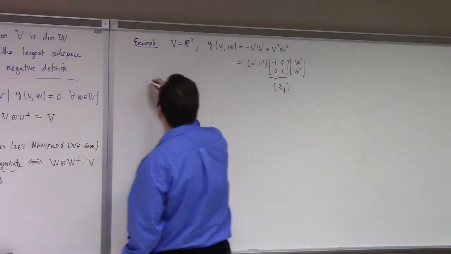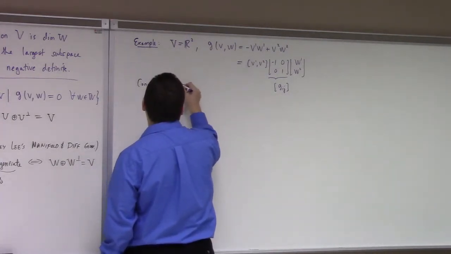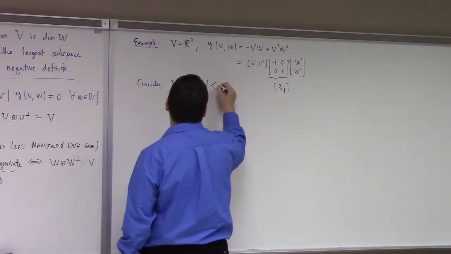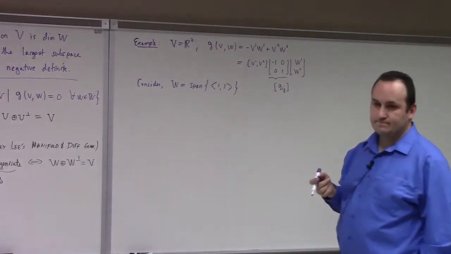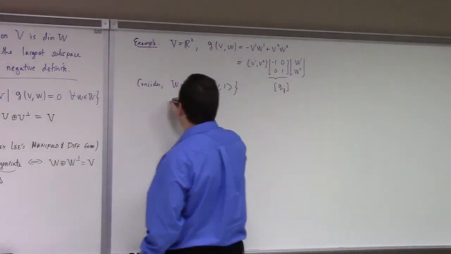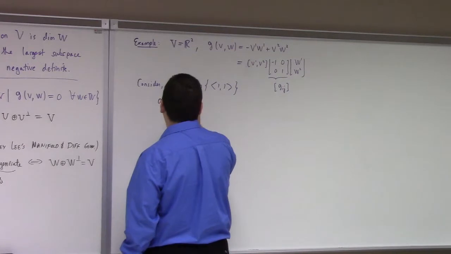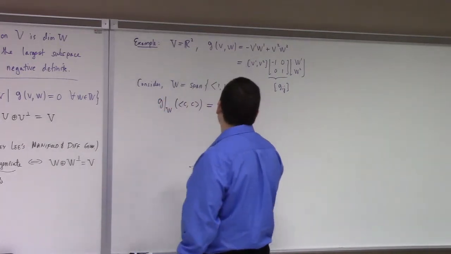Now consider W equal to the span of the vector (1, 1). If we take the restriction, G restricted to W, a typical vector in there is just (c, c). What does that give you?